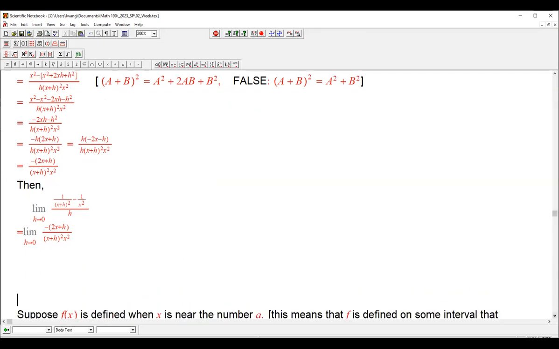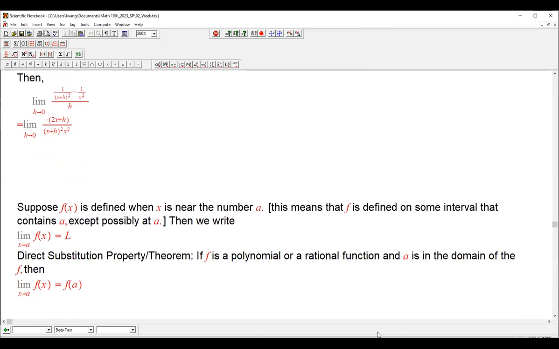Okay, so now we apply the direct substitution property. Because we only consider h, we can think of x as a number. In terms of h, the denominator contains h, and this is a rational function of h.